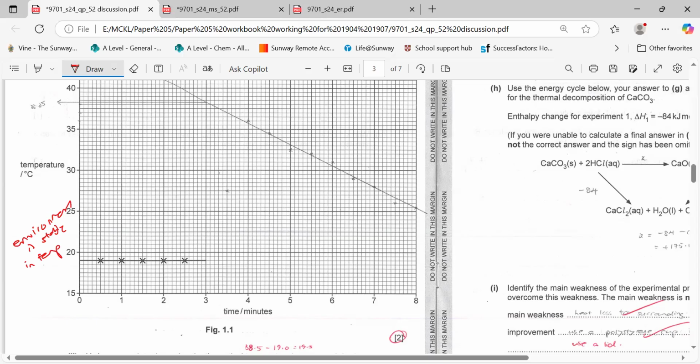We hope to see constant readings like this. It means that for 2.5 minutes, the lab environment has a constant temperature, 19 degrees Celsius in this case. Therefore, if the temperature reading starts to fluctuate, it is entirely due to the reaction's contribution, not the environment's. It's solely the experiment contributing to it, because otherwise it's not accurate.